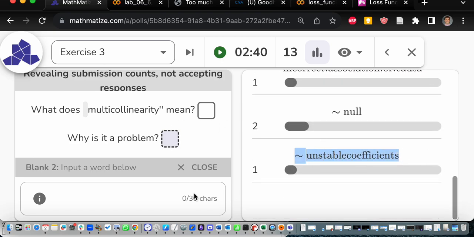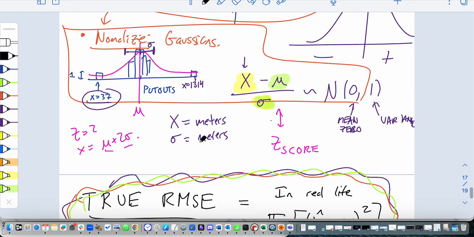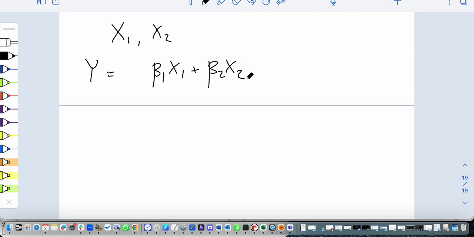And let me give you the little 2-second cartoon version of why this is. So let's pretend there's two variables, x1 and x2. And we're trying to fit y equals beta 1 x1 plus beta 2 x2. That's what we've been trying to do this whole time in linear regression. And I'm going to do something really silly. What if actually x1 equals x2? This is perfect correlation, perfect 100% correlation.